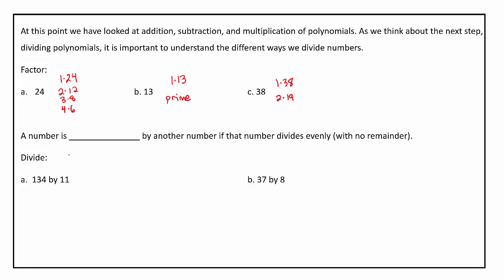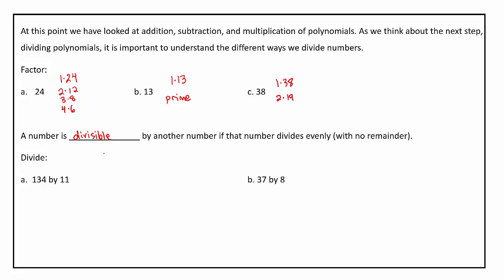Another important concept to this whole dividing polynomials idea is that a number is divisible by another number if that number divides evenly with no remainder. The word we're looking for here is divisible. We sometimes care about dividing evenly, that a number can be divisible by another number when it divides evenly, and that is going to be important as we go forward.